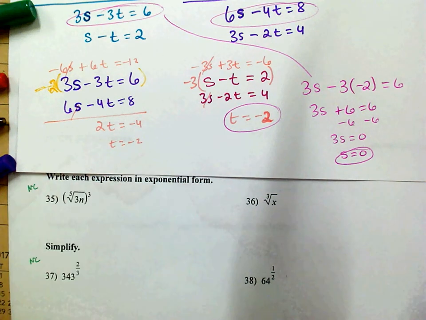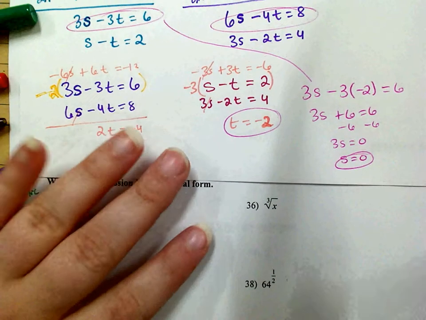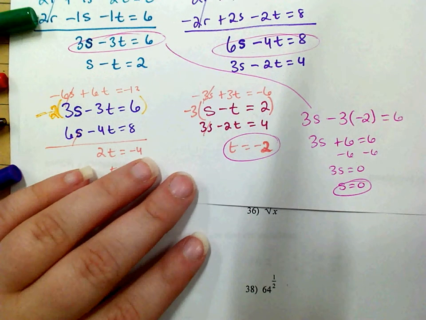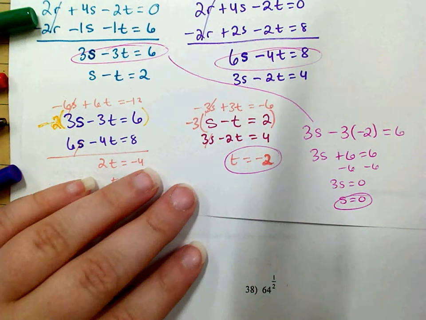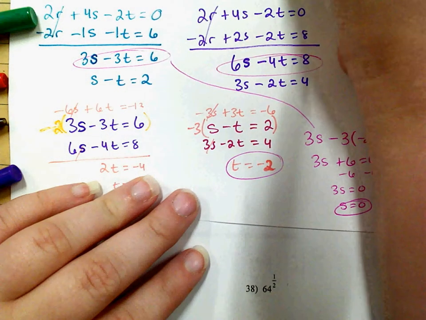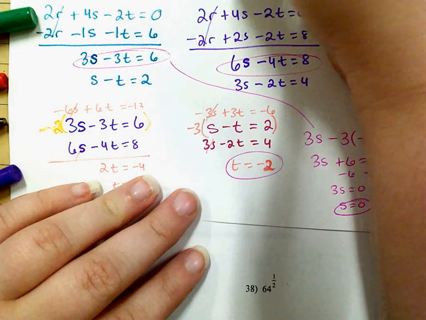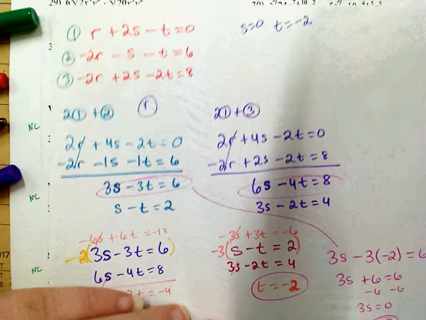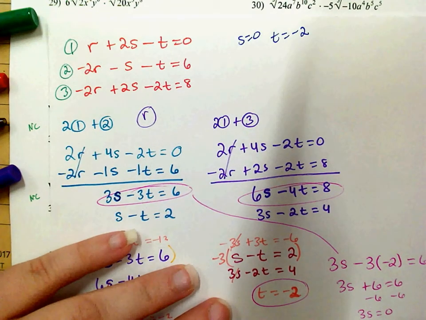Okay, now what do I do? To where? The first equation? I've got t equals negative 2, and I've got s equals 0. I need r. Does it matter which equation I use? It does not, so I'll use the first one.